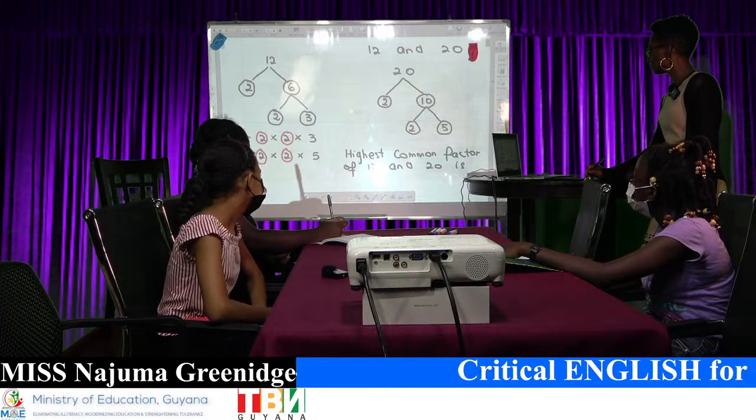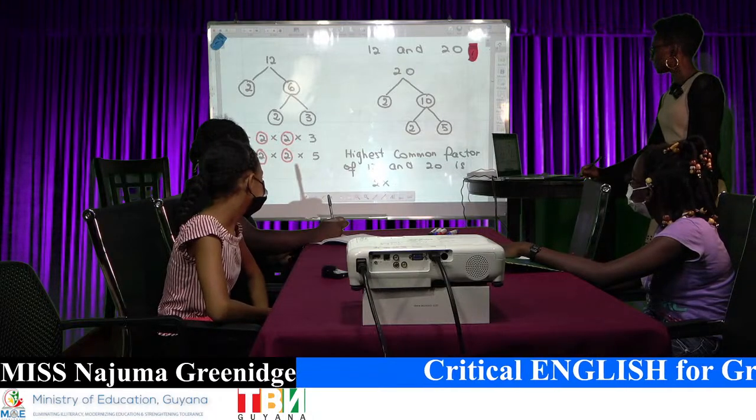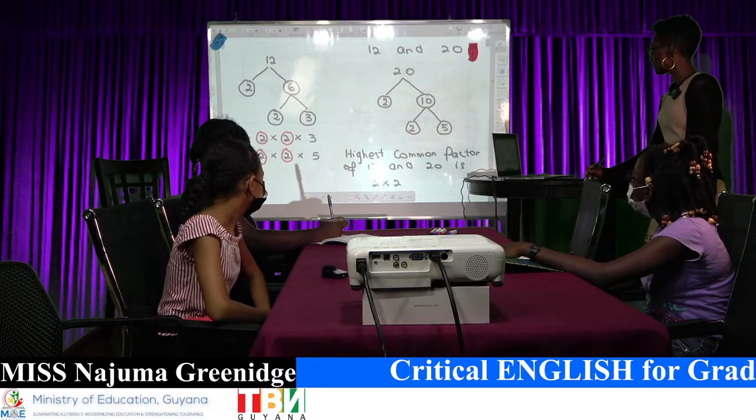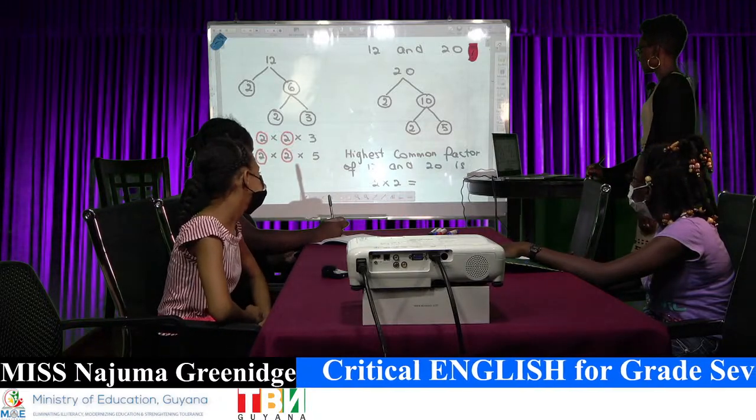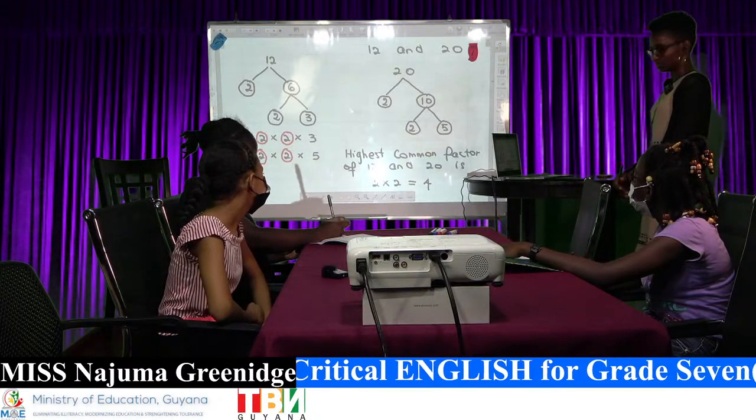So we take a 2 and then we take another 2. So when we multiply those two, we have 4. Wonderful.